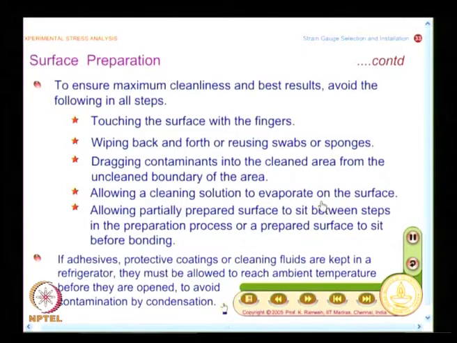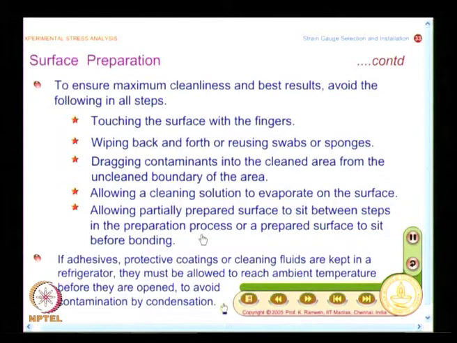So, when they evaporate, they leave a residue. You would see that the recommendation would be to wipe it dry with a sponge. You should wipe it dry rather than allow it to evaporate. If you allow it to evaporate, you will have a residual thin coating formed on the surface.